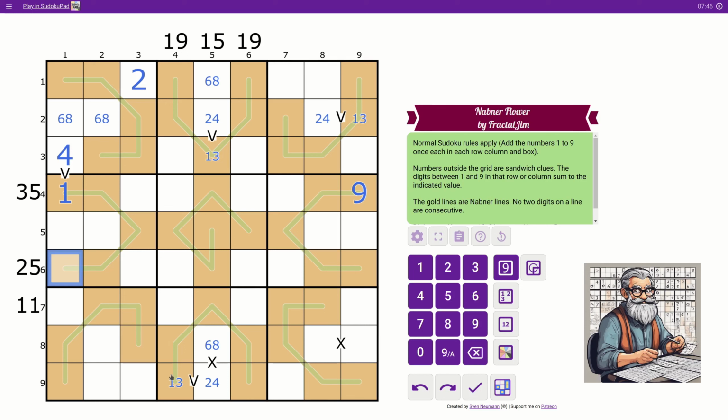So if this is 1, 2, 3, 4, 5, well, we couldn't put it here because these are even, so it would have to be the 9 here. Okay, but this one doesn't have to be 1. Right, so it's 3 digits to 5 maximum.